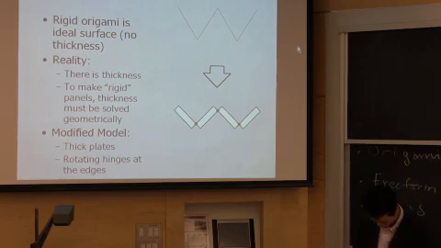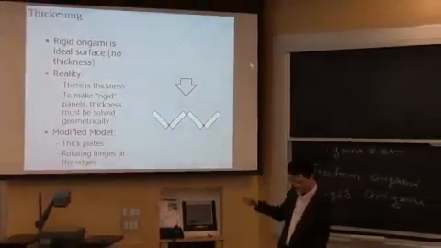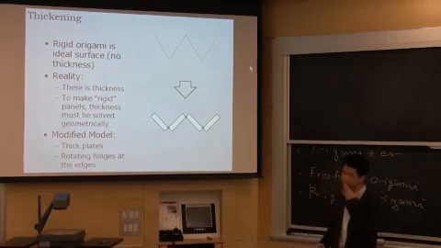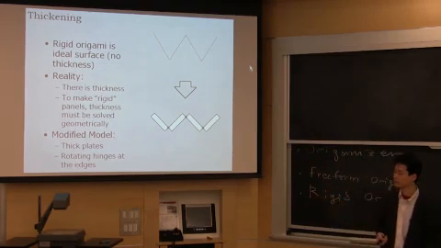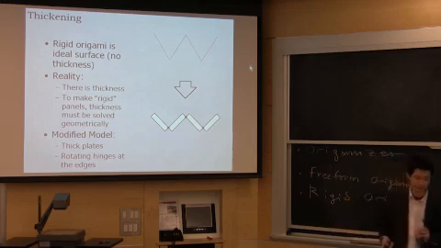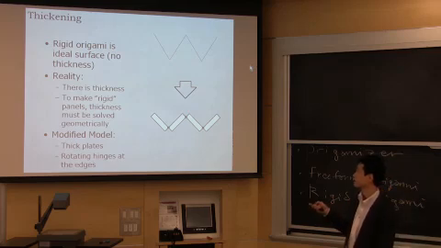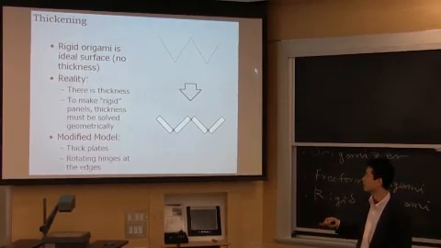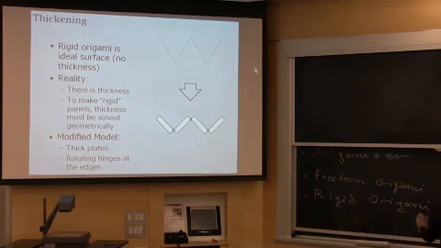So this is rigid origami for cylinders, and we can move on to how to implement rigid origami in a real model, because in architecture design or any other designs we want some kind of finite thickness model.